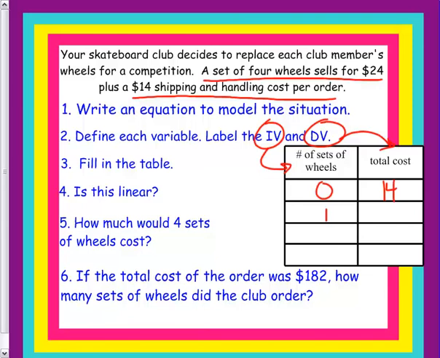So if I wanted to buy one, I could know that the difference is going to be $24 per set of wheels. And I'm going to add $14 for shipping to that. So if I buy one, I'm paying $24, but I also have to pay the shipping. So really I'm paying $38. If I buy two, I'm paying $48 for the wheels plus the $14 for shipping.